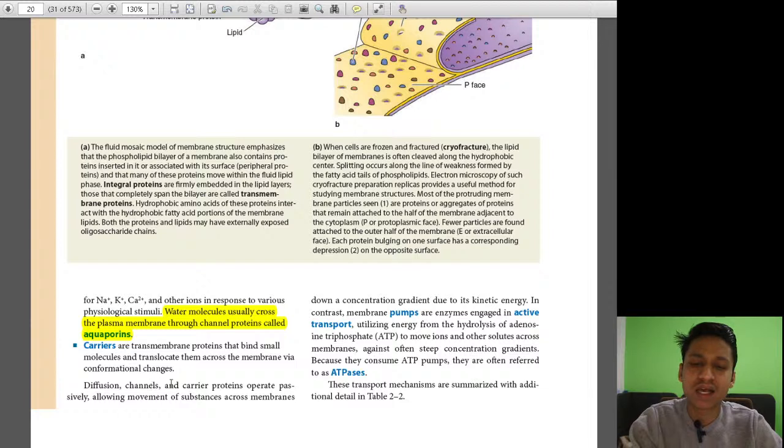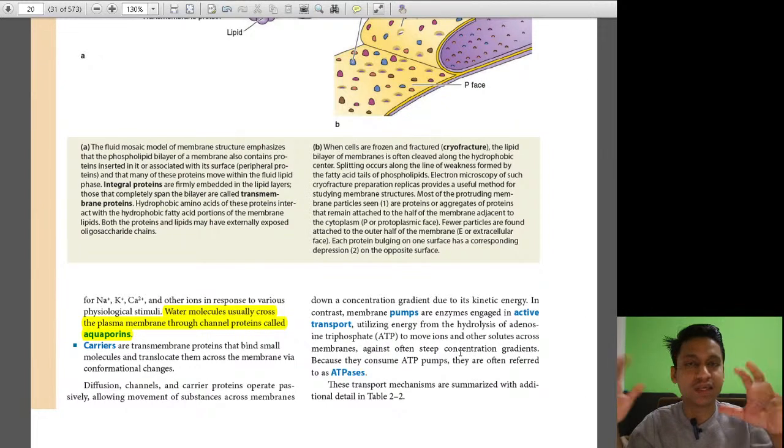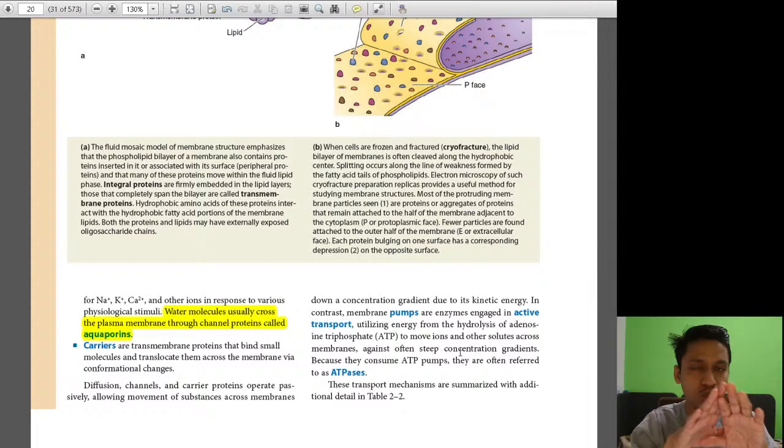Diffusion, channels and carrier proteins operate passively, allowing movement of substances across the membrane down a concentration gradient due to their kinetic energy, as I said, from higher concentration to lower concentration. In contrast, membrane pumps are enzymes engaged in active transport, utilizing energy from the hydrolysis of ATP to move ions and other solutes across membranes against often steep concentration gradients. So these three methods we saw are all passive and do not require any kind of energy.